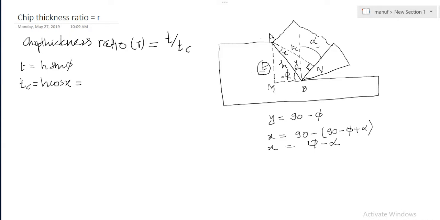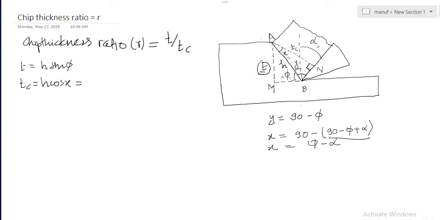We know that if this is phi, then this angle will become 90 minus phi, and this whole angle ABN will become 90 minus phi plus alpha. Now if ABN is 90 minus phi plus alpha, then angle x is 90 minus the whole of 90 minus phi plus alpha, because this is 90 degrees.